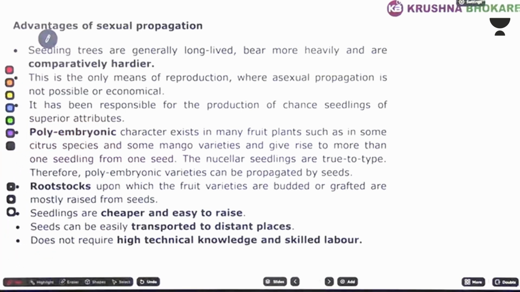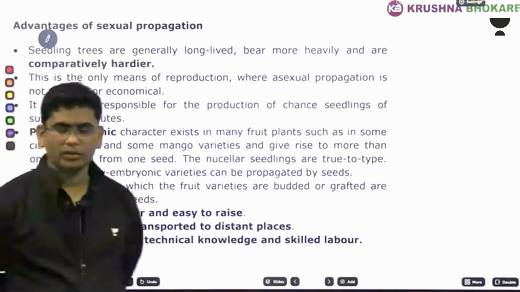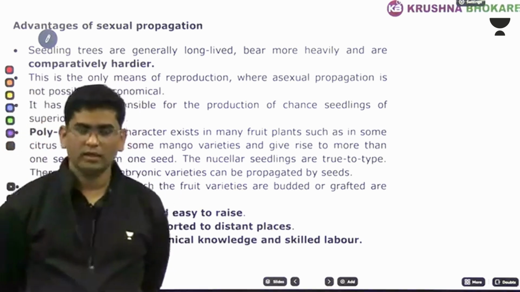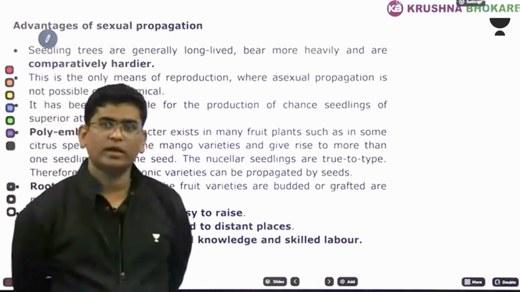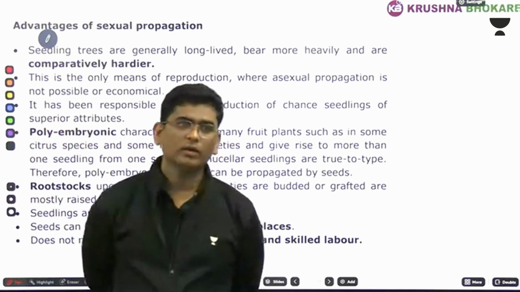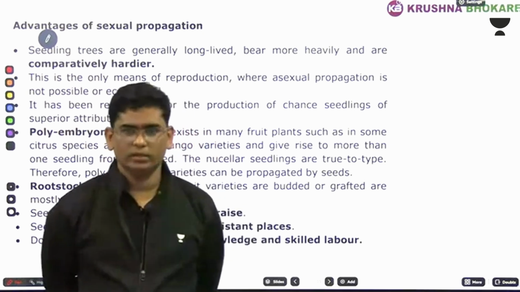So advantages of sexual propagation क्या है बेटा? The plants which are produced with the help of seed are long lasting. If you are growing a plant with the help of either grafting or asexual reproduction, their life is not that long. Like a mango, if you are producing the modern nursery varieties, they will not last more than 20 years.